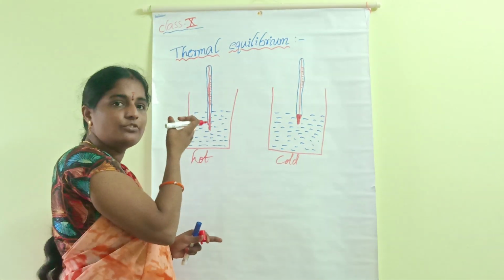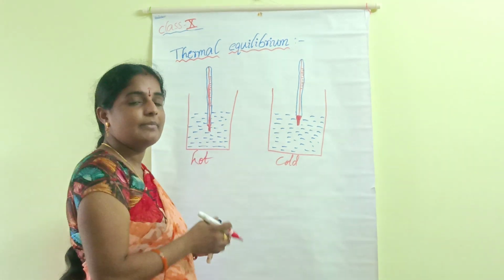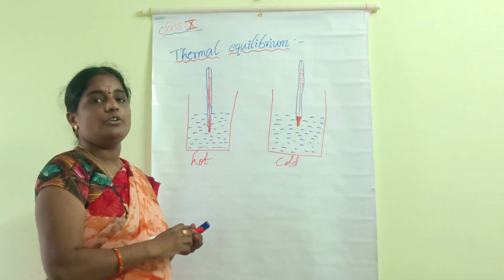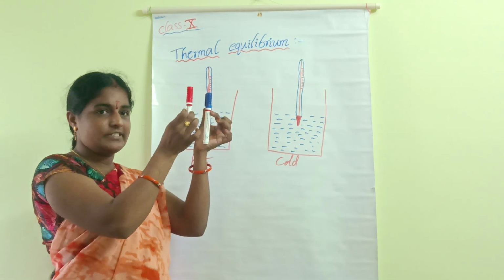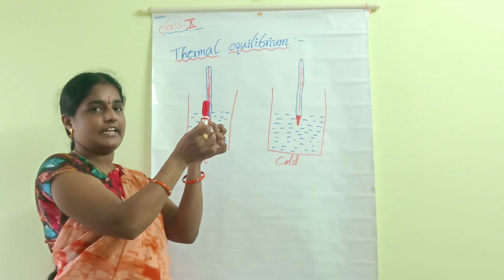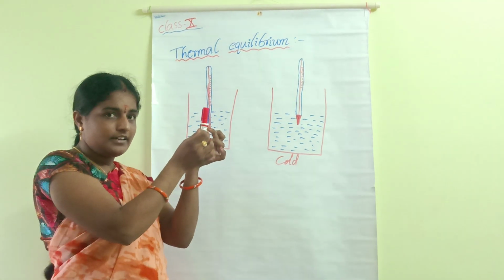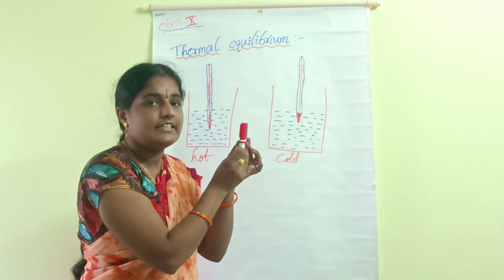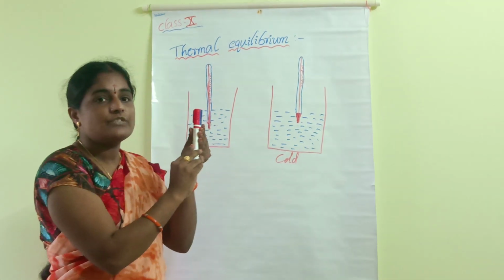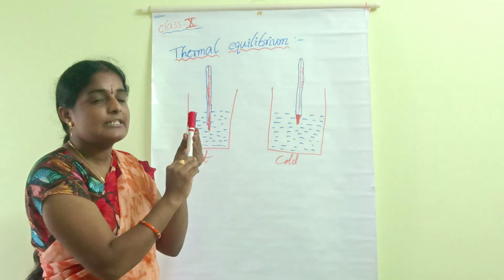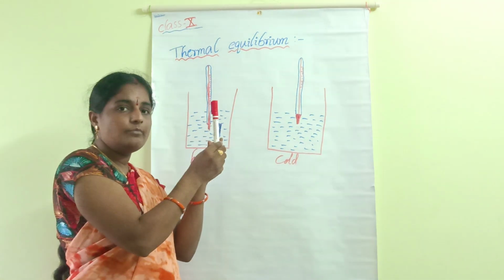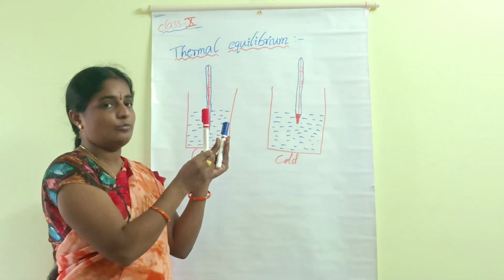Now coming to the exact definition of thermal equilibrium: when two systems are in thermal contact with one another, a transfer of heat energy takes place from the hotter body to the colder body.